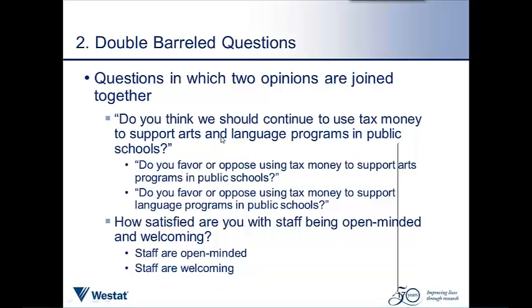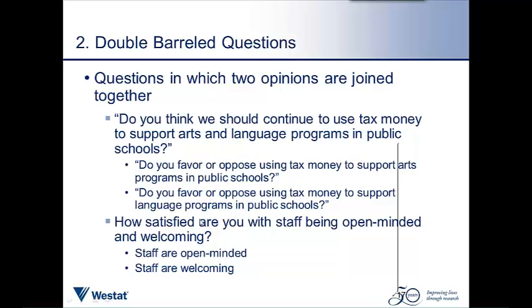When you see the word "and" in your question, it's often a hint that there are multiple constructs being asked about at once. So this question would be better split into two separate questions to ask if they would favor or oppose using tax money to support arts programs, and a separate question asking if they would favor or oppose using tax money to support language programs.